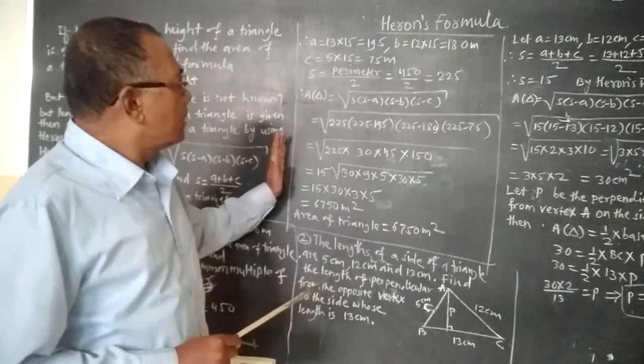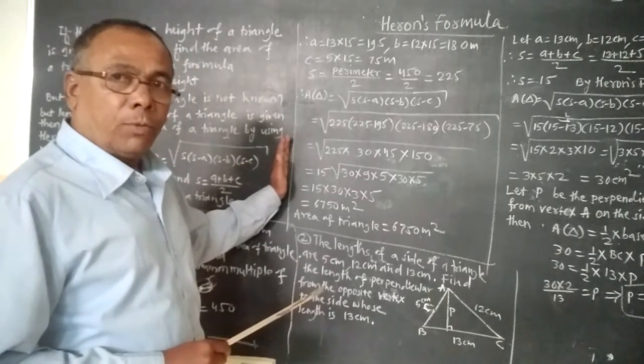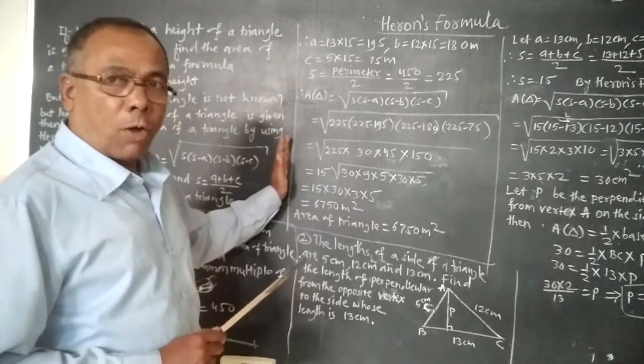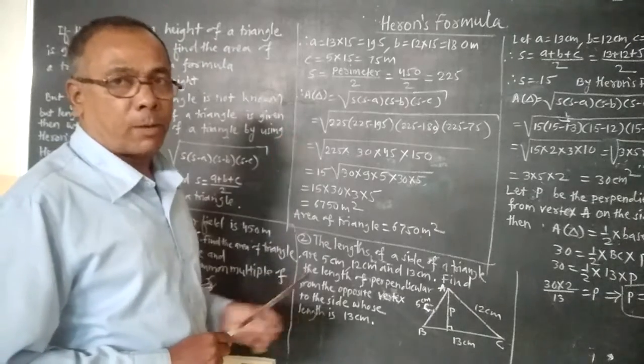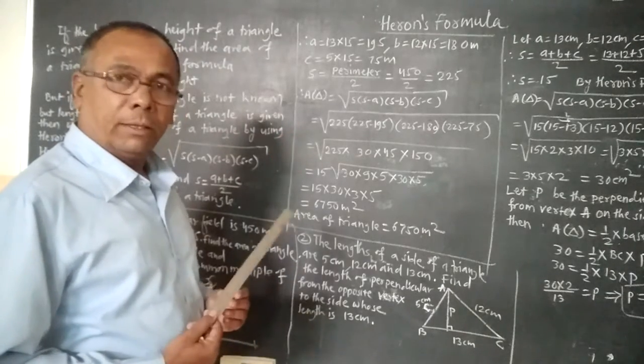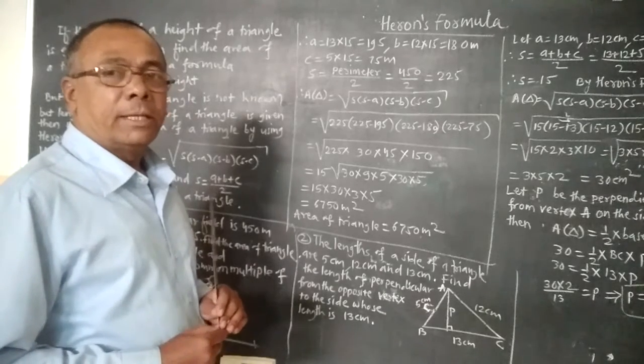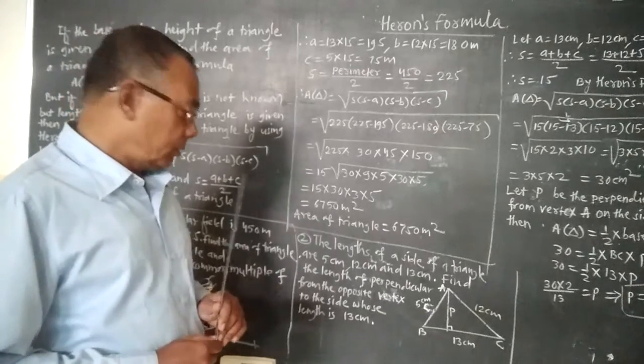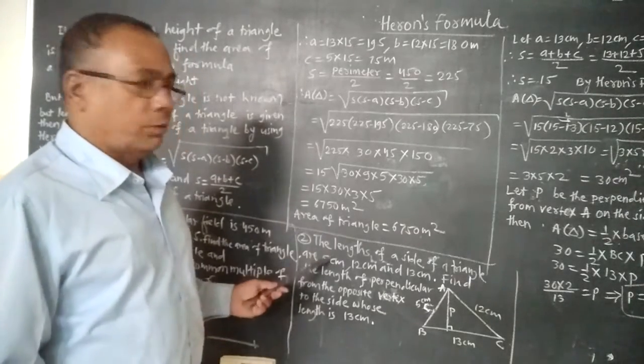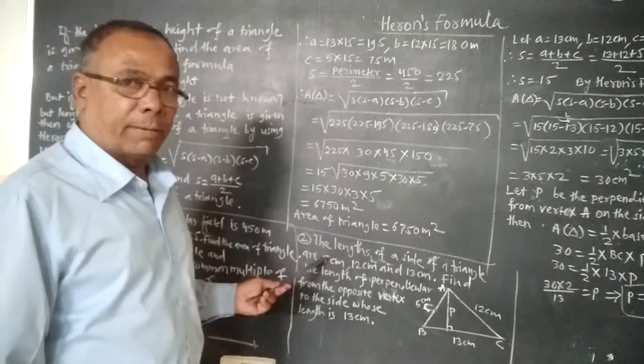So we have found the area of the triangle by applying Hero's formula, where the sides of the triangle are known. Now we will see the second example.